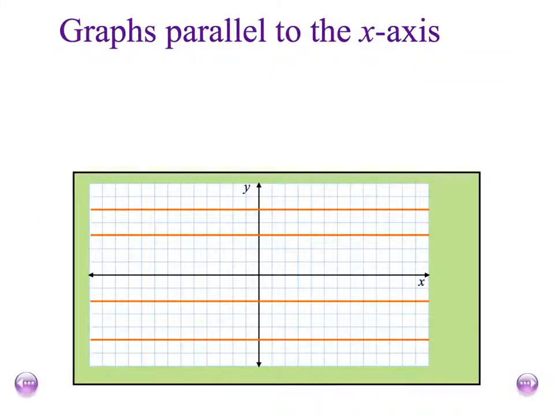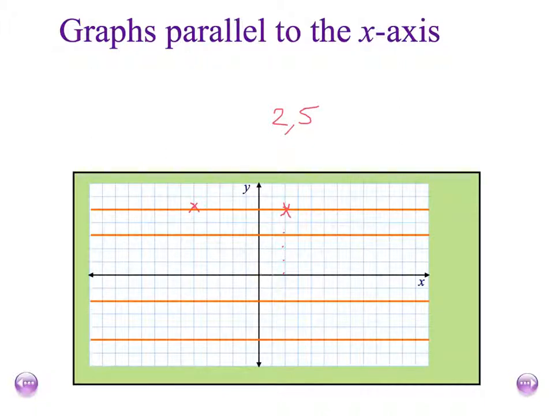Have a go at these. Pause the video if you need some time. Looking at the top line, I can choose a couple of coordinates, here and here. The first one, I've gone along 1, 2, 3, 4, 5, and up 5. So that must be 2, 5.